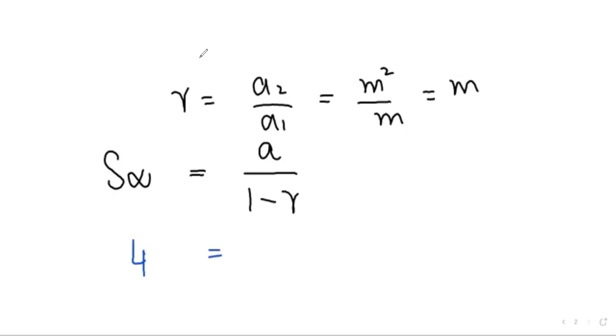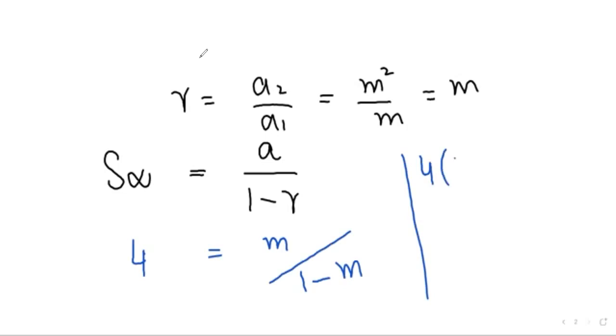Our first term is M, and the ratio is also M. If we solve it, it would become 4 times (1 minus M), which is equal to M.